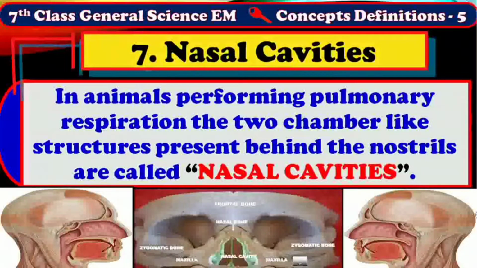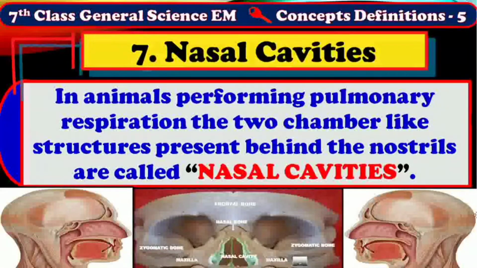This nasal hair prevents the entry of dust particles into the respiratory system when we breathe. In the same way, in the superior part of nasal cavities, the inner linings are covered by a membrane called mucous membrane. This mucous membrane secretes a fluid called mucus.